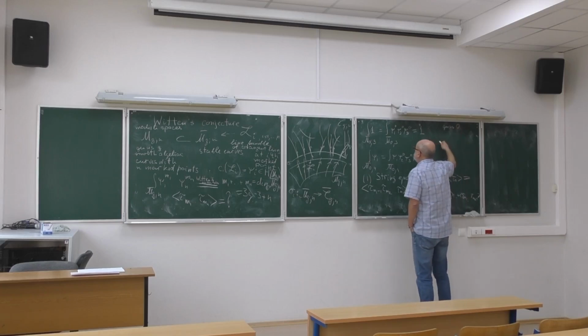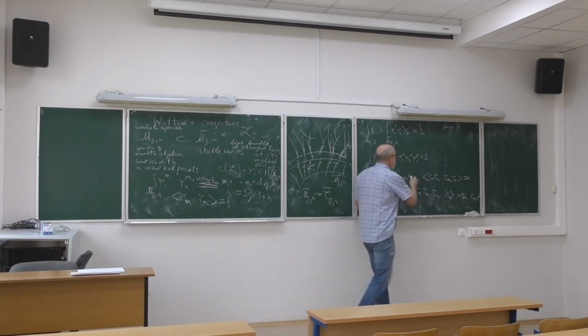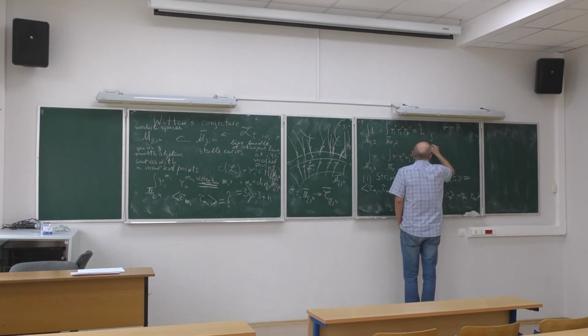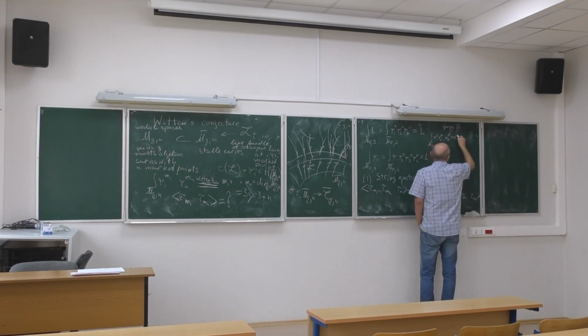How does it work? For example, we want to compute some integral over M_{0,5} bar. For example, it is psi 1 squared, psi 2 to the power 0, ..., psi 5 to the power 0. That is, it is tau 2, tau 0 to the power 4.